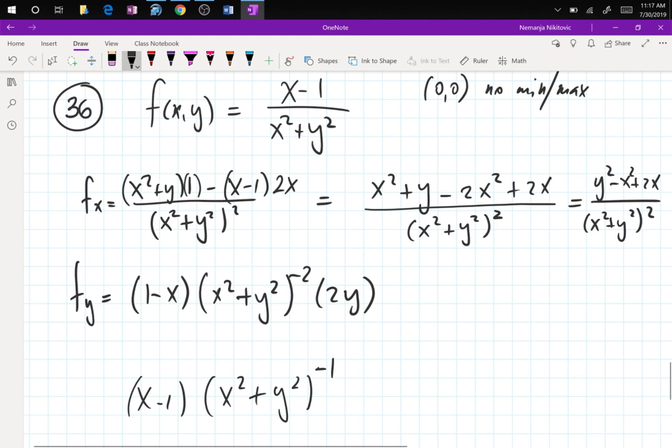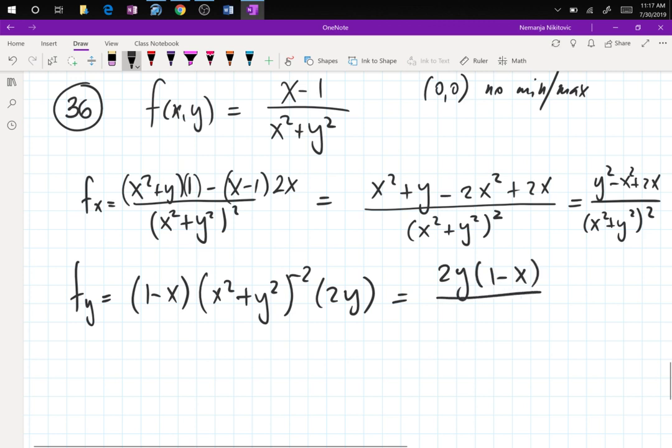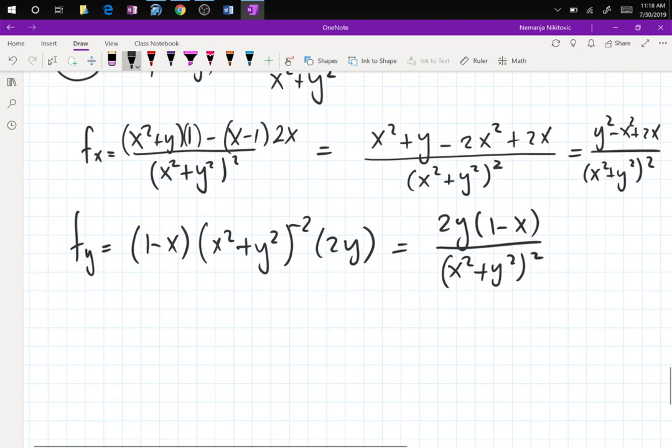Take the derivative any way you know from Calculus 1, and then simplify this into 2y times 1 minus x divided by x squared plus y squared, everything squared. And now we get to set each one of these to 0.